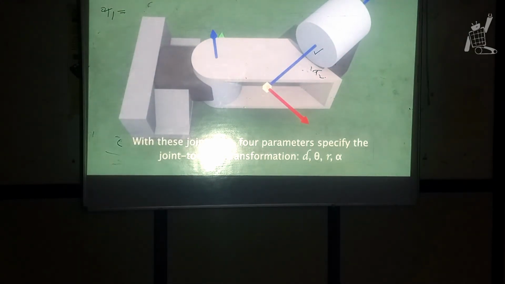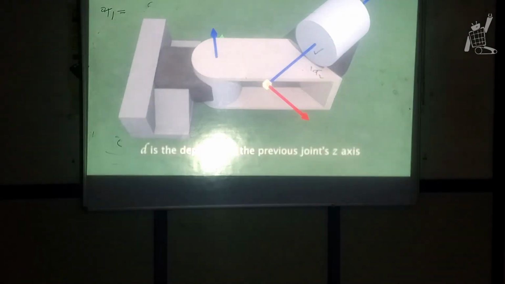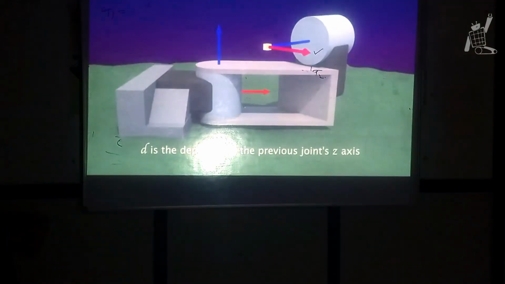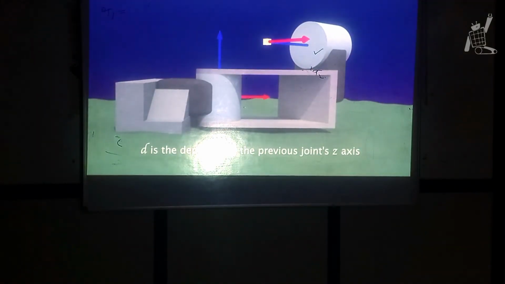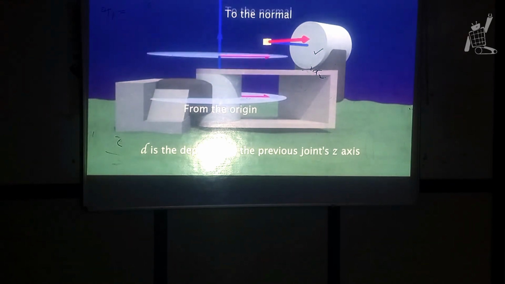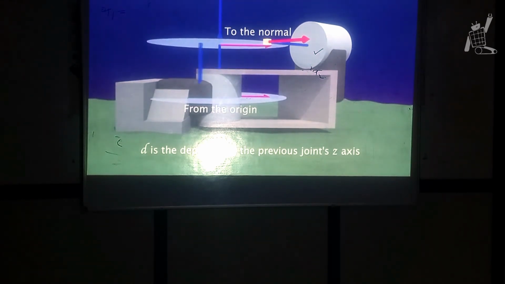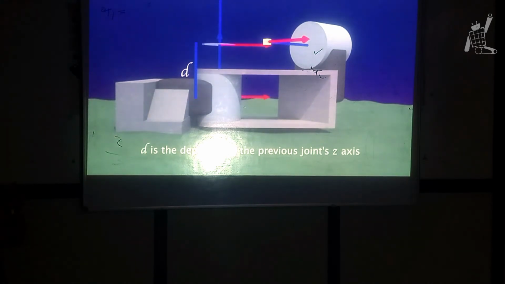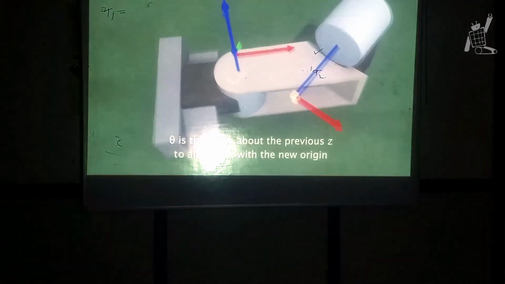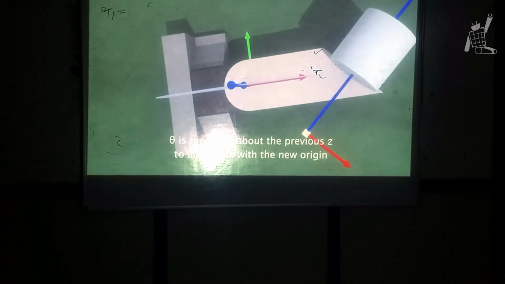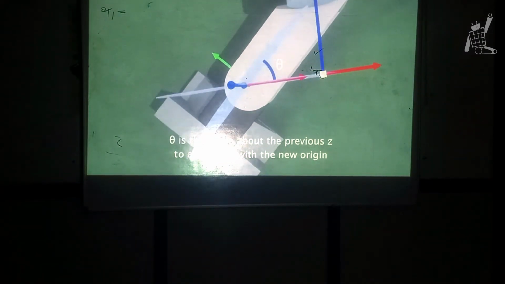Using this protocol for laying out the reference frames, only 4 parameters are needed. The first of these, d, is the depth along the previous joint z-axis, from the origin to the common normal. Theta rotates about the previous z-axis to align the x-axis.